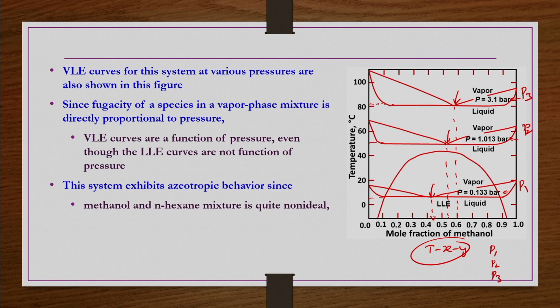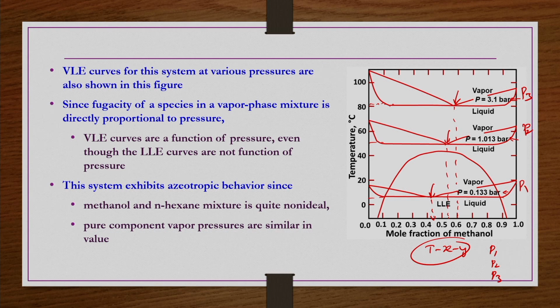Because this methanol and hexane mixture is quite non-ideal, and also the vapor pressures of these two components are very close to each other. That is the reason azeotropes may exist, and we can see that at all the pressures we have considered here. If you change the pressure, the azeotropic composition changes, and the corresponding minimum boiling azeotropic temperature also changes.